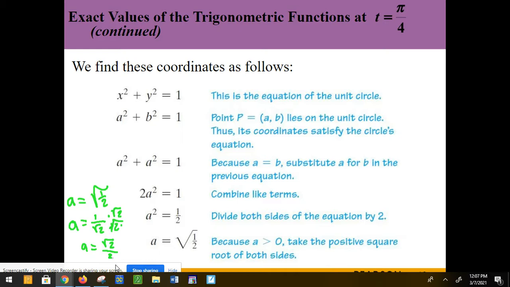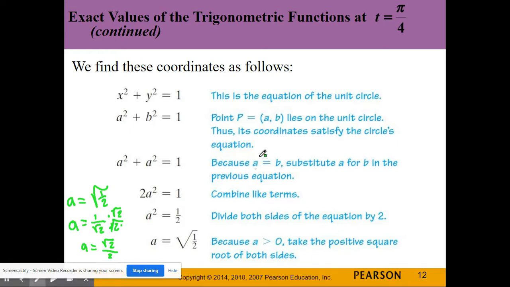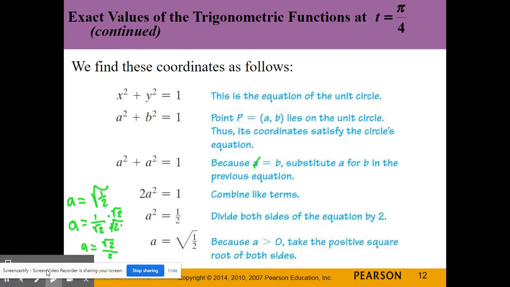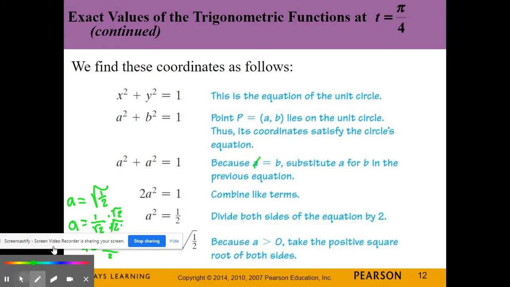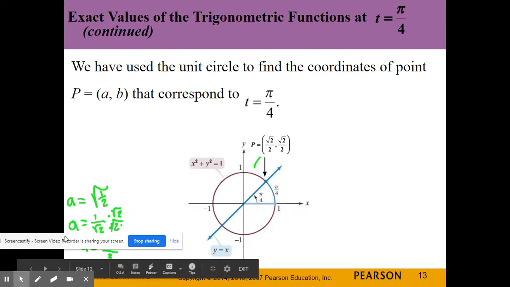We already talked about how a and b are the same. So that's why a and b are now both root 2 over 2. So that's why they are, right?